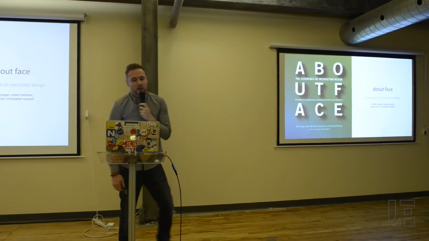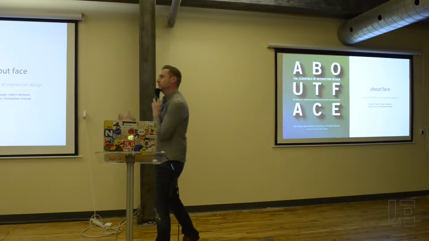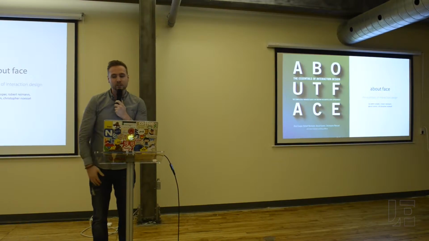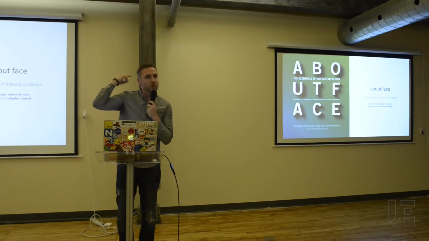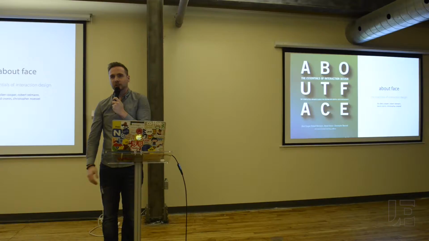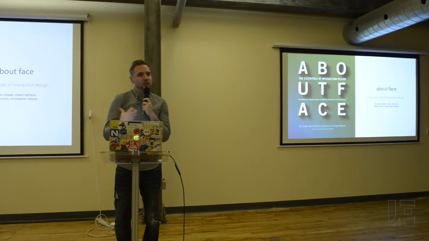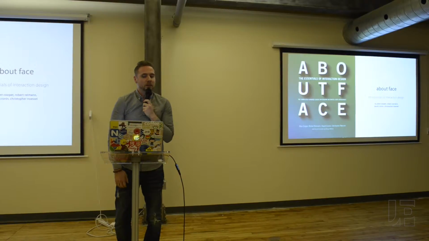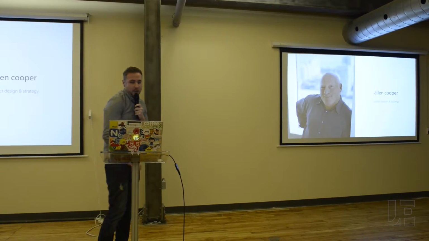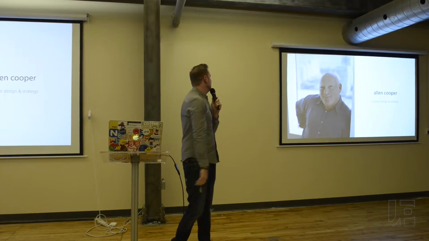So I didn't come to this conclusion, this idea of holistic problem solving or holistic design, myself. About Face is one of my favorite books ever. I read it, I don't know, like 6 years ago. I fell in love with it, and it's got a ton of good insight. It was written by Alan Cooper and a number of people he works with at Cooper Design.